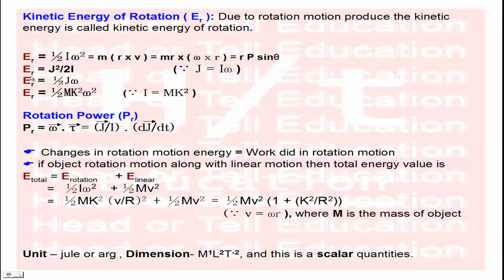ER equals J square by 2I because J equals I omega. ER equals half J omega. ER equals half M k square omega square because I equals M k square.